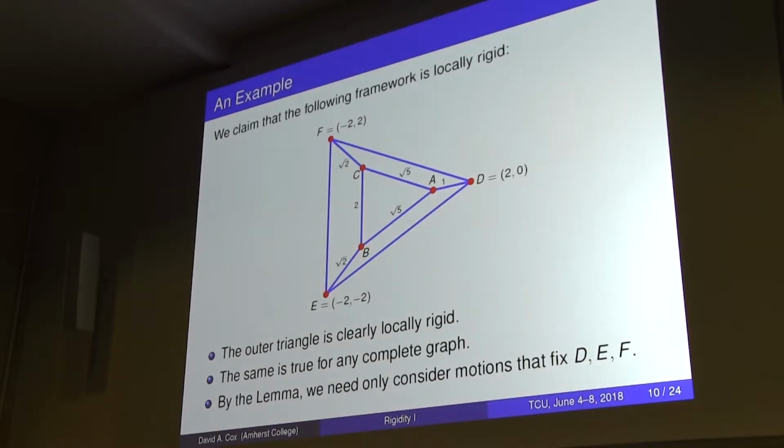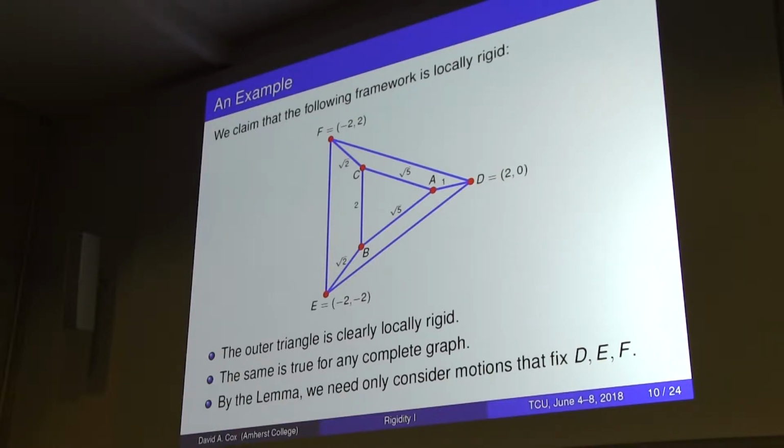So here's the first example. Here's a framework I want to claim is locally rigid. This is in the plane, and I've given you the points. It's basically two triangles where I connect edges. It's pretty carefully chosen because if you continue these edges, they meet at the origin. So that says this is actually a pretty special configuration.